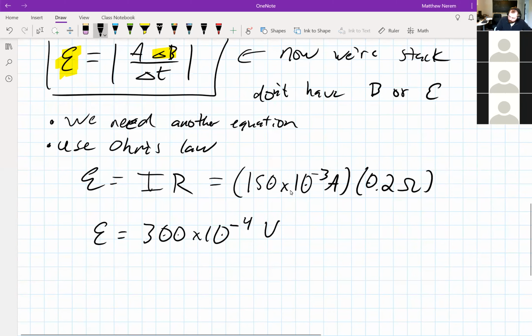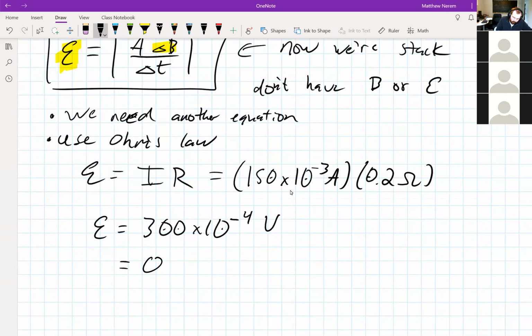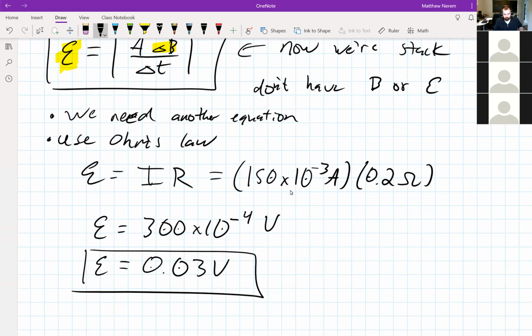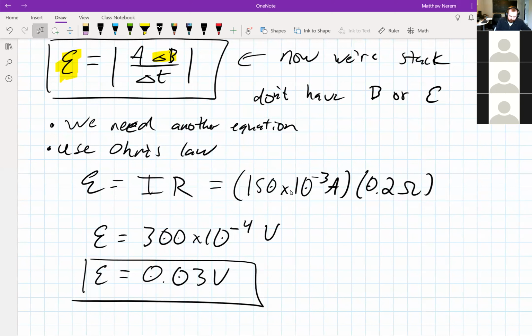Or play the decimal places, 0.03 volts is induced. So, last part, we're going to wrap this up now. We asked earlier, hey, can we use Faraday's law to get the EMF? And the way this problem was written, no, but we can use Ohm's law to get that magnetic field strength.